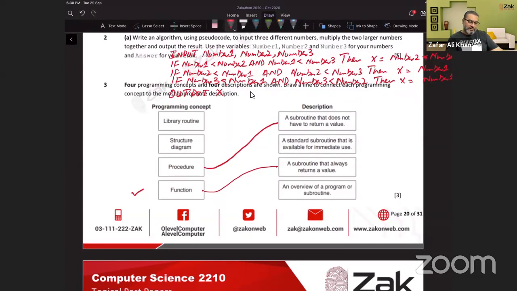Then what is the library routine? Library routine is basically a collection of procedures and functions which are available and ready to be used.